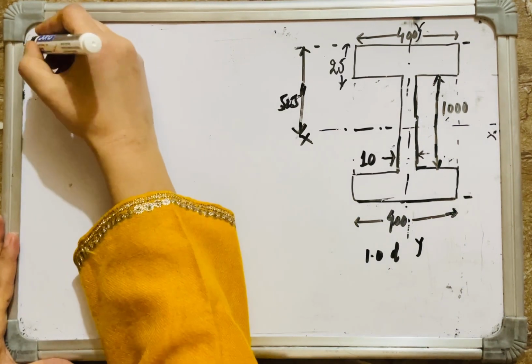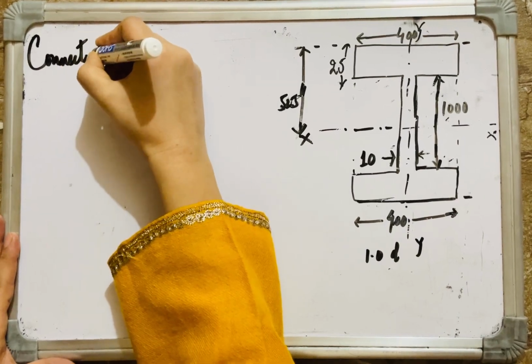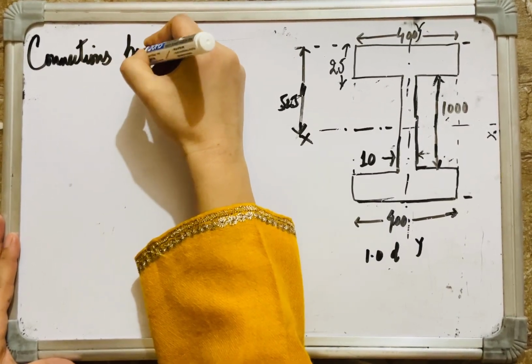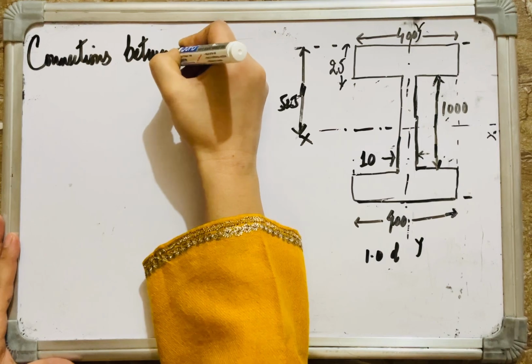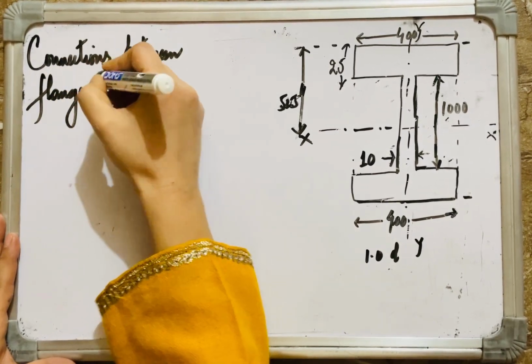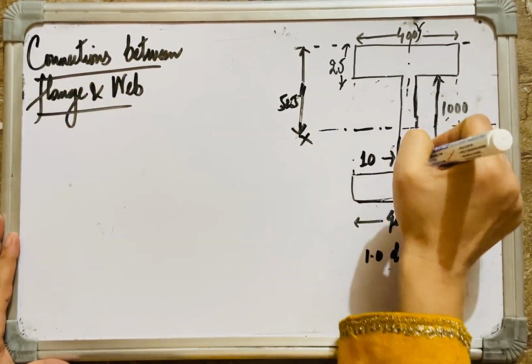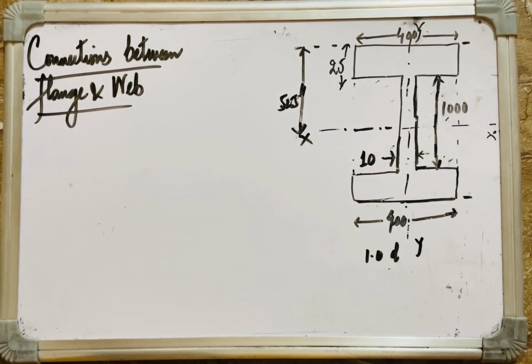All right, next step is connections. Connections between flange and web. Flange and web need to be connected by welding, or welds.